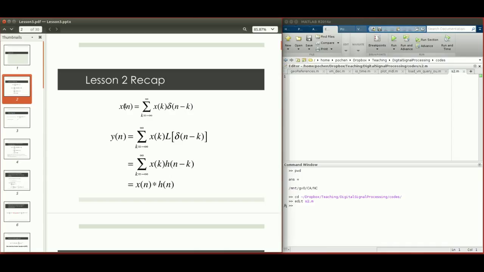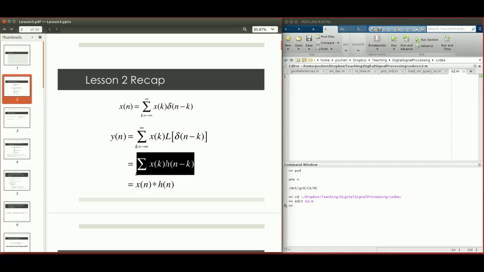If we use this kind of representation for an arbitrary signal, then the output signal of any linear time invariant system can be expressed using what we call a convolution operation. And this convolution operation is basically this expression.